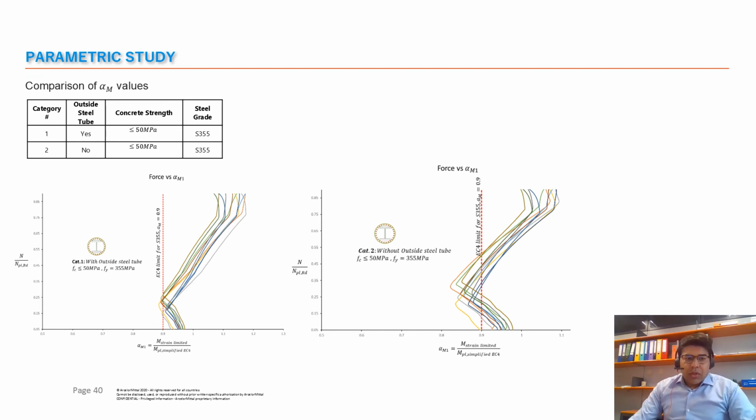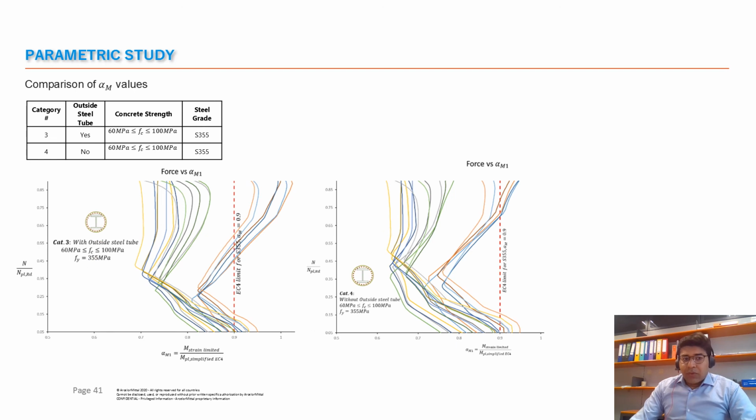And what we noticed is that category 1, which is with the steel tube and normal strength materials, satisfied the criteria set by Eurocode of 0.9. But the moment the steel tube was removed for the category 2 cross section, the curves become unsafe, so the alpha M value was not respected anymore.